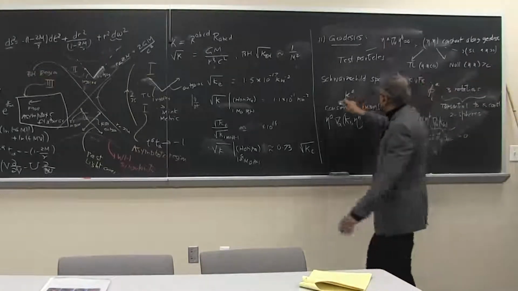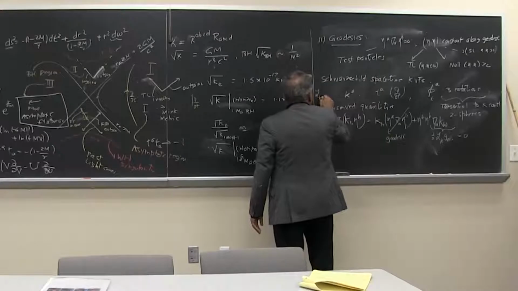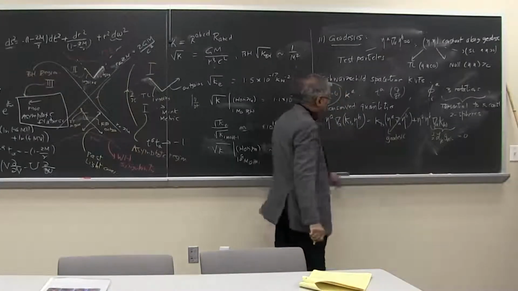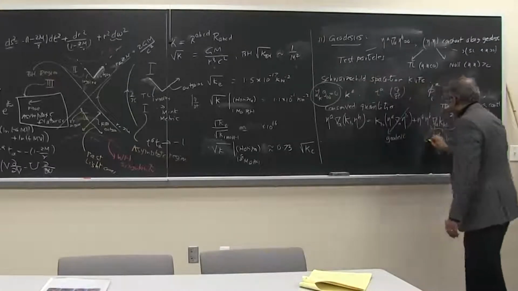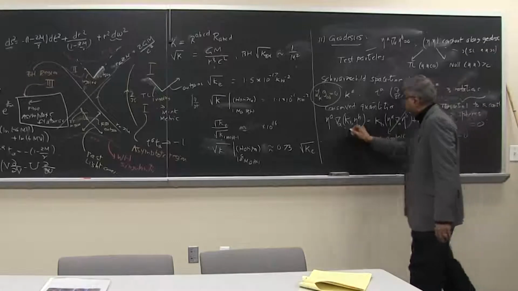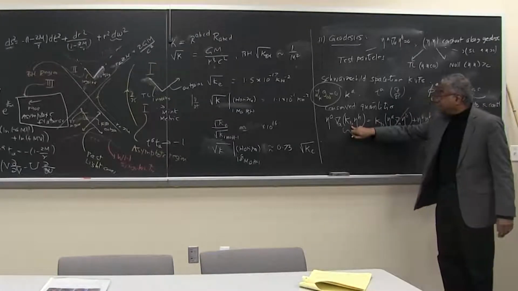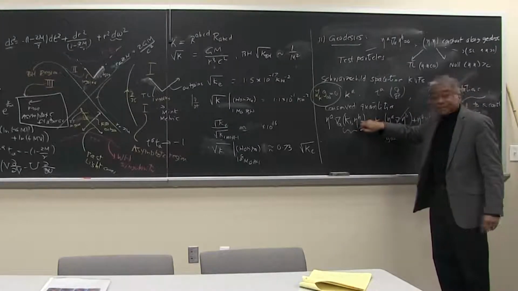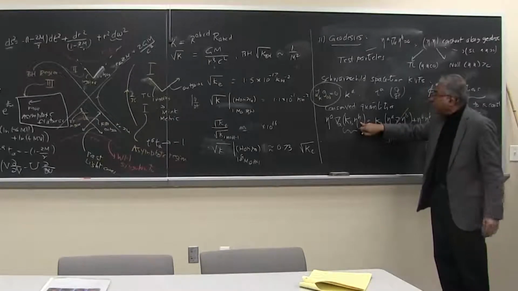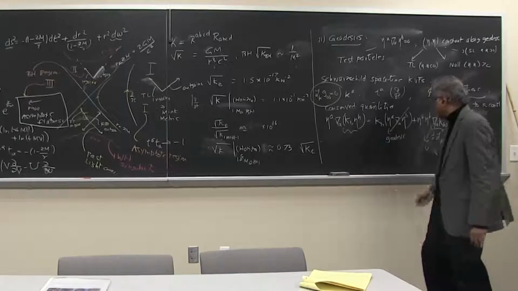By Killing vector field, we just mean L_K of g_AB equal to 0. Therefore, this is also 0, and therefore this quantity is conserved. So the scalar product between the tangent vector to the geodesic, the 4-velocity of the particle if you like, and K is actually conserved.